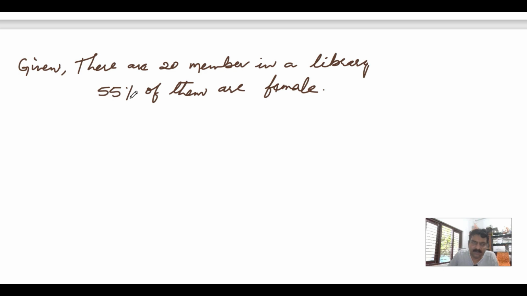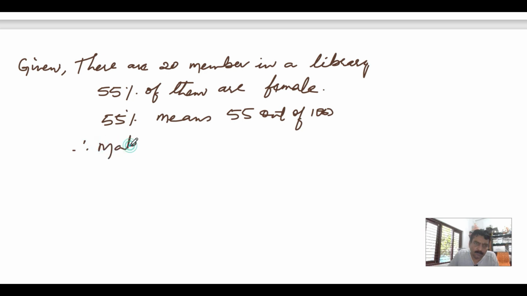So 55% means what? 55 out of 100, right? So then how many males are there? Therefore male percent is 100 minus 55, gives you how much? 45.